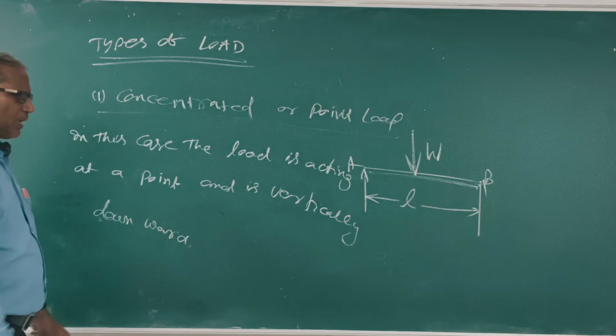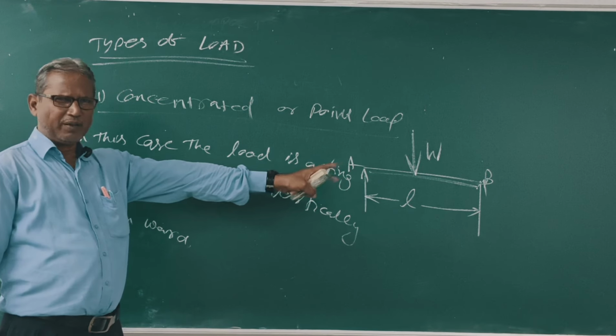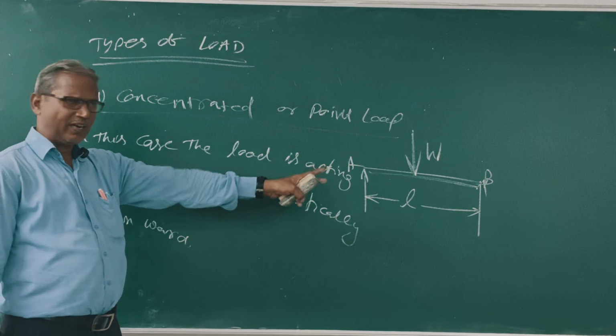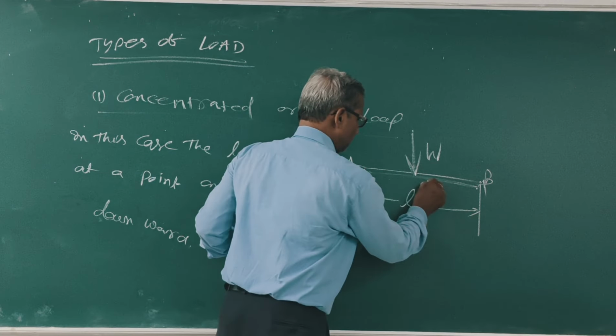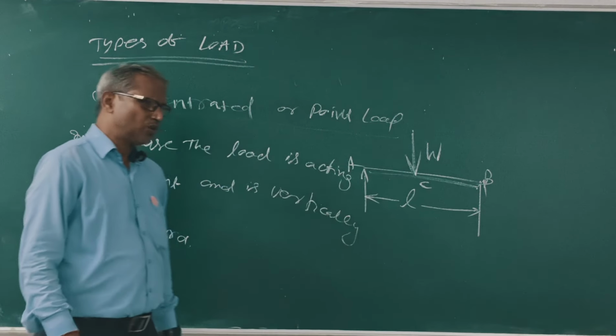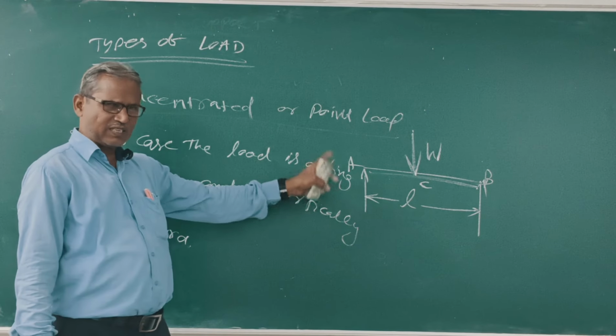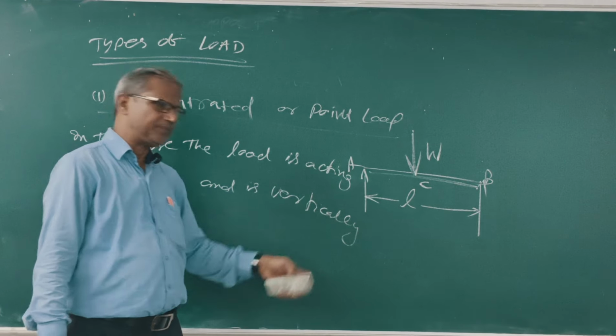Clear? Suppose this is B, and the load W is acting at point C. This is a point load. We will find out the reaction at A and the reaction at B. Clear?